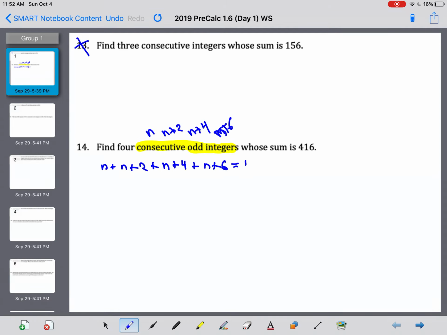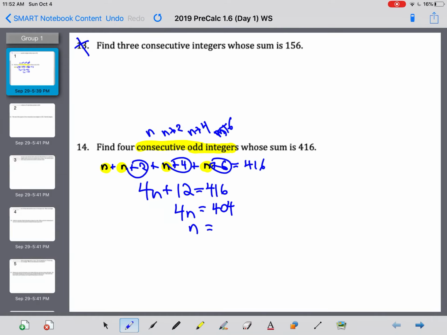We're told that the sum equals 416. When I add up my n's, I get 4n, and if I add up my integer pieces, I get 12. That equals 416. Subtract the 12 over, I get 404, and I divide by 4, and I get 101.